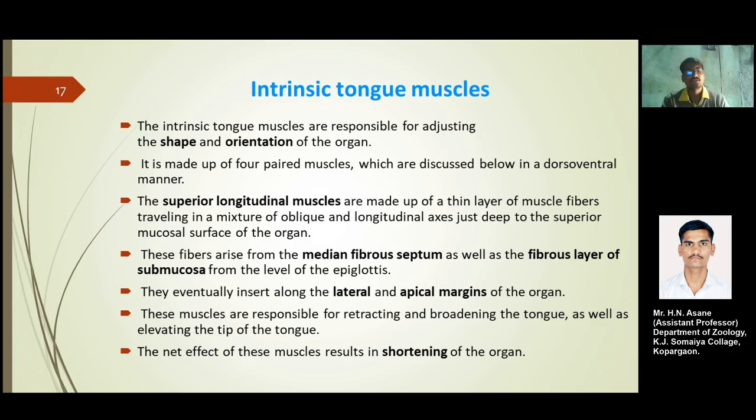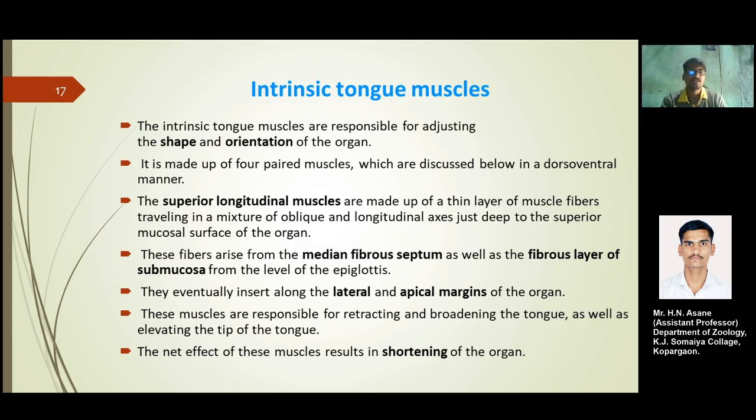These fibers arise from the median fibrous septum, as well as the fibrous layer of the submucosa near the level of the epiglottis. They eventually insert along the lateral and apical margins of that organ.